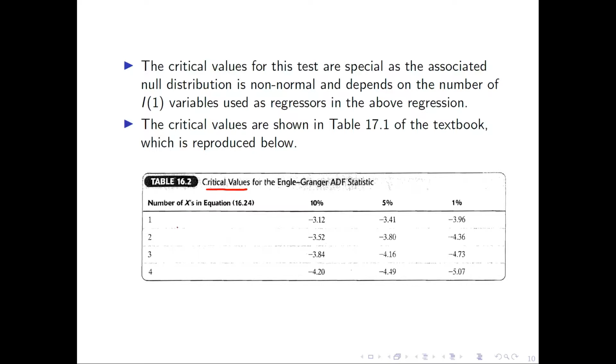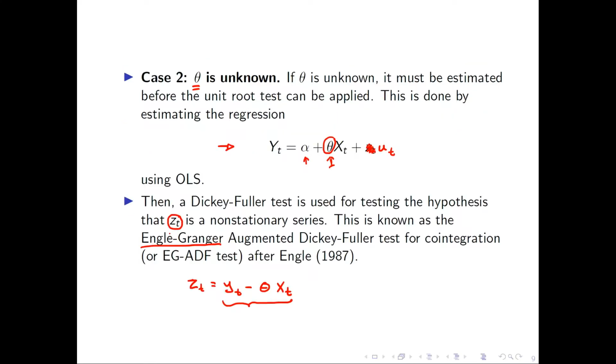So in our case, we are going to look at only the case in which we have one x variable in our equation. So up here, we only have one x variable.